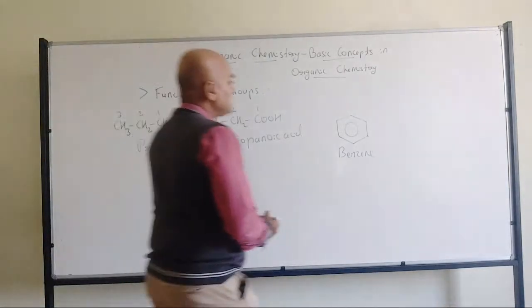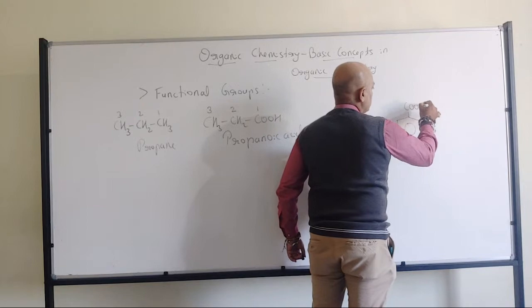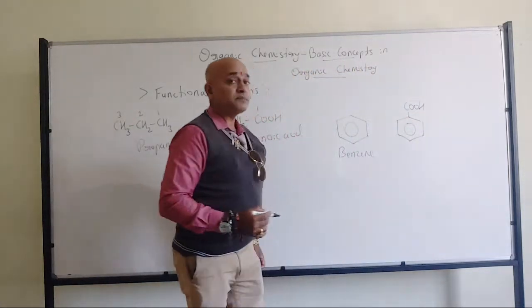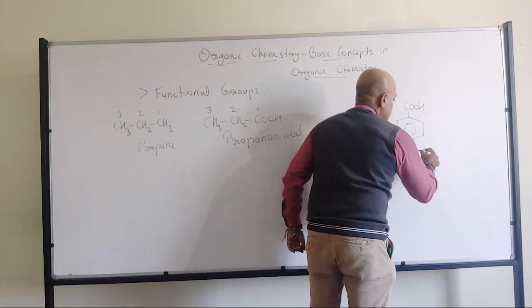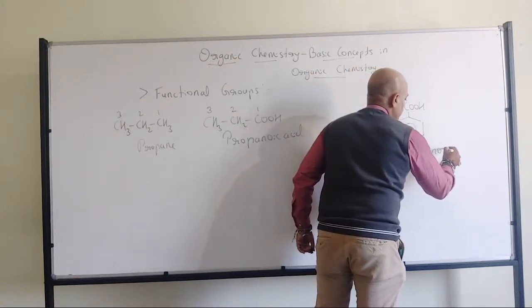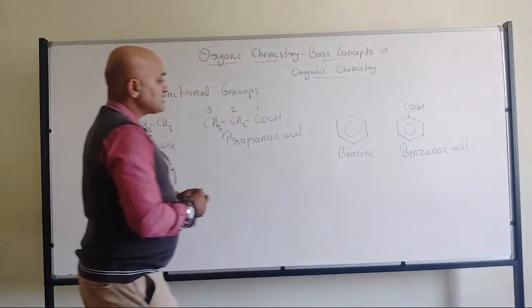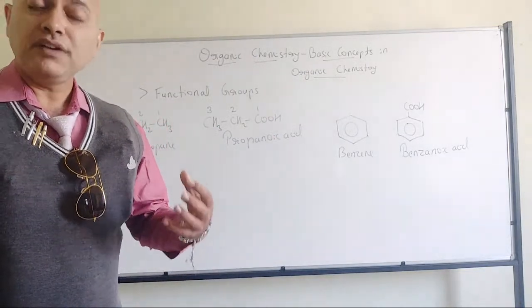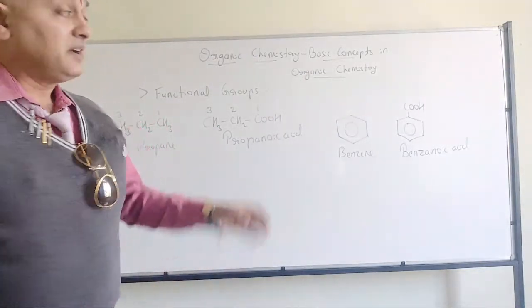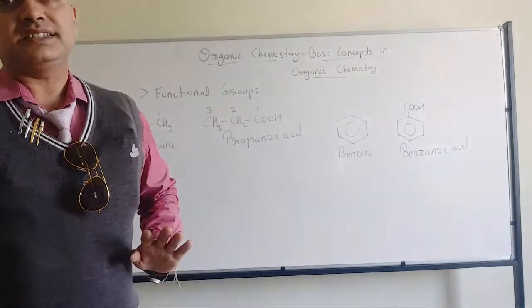Now if I attach benzene with a carboxyl group, then I should call it benzenoic acid. So that means carboxylic acid acts as a functional group where, whenever carboxylic acids are there, the name of the molecule should end with oic acid.